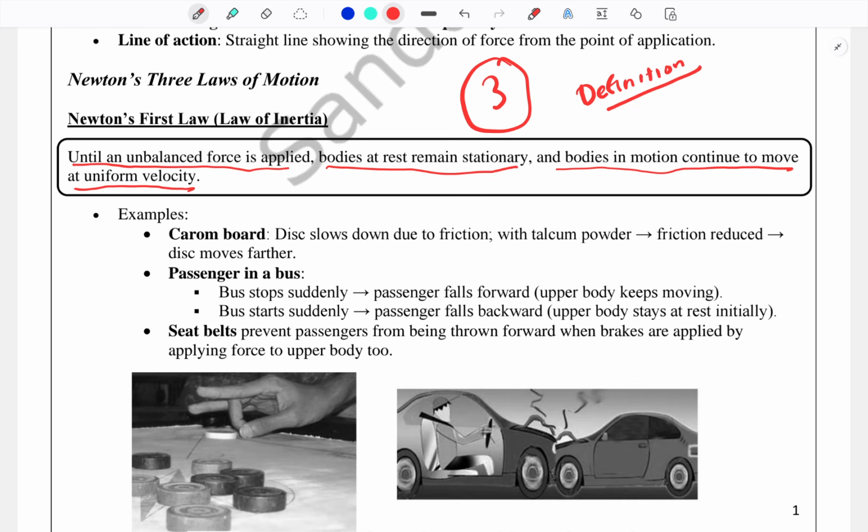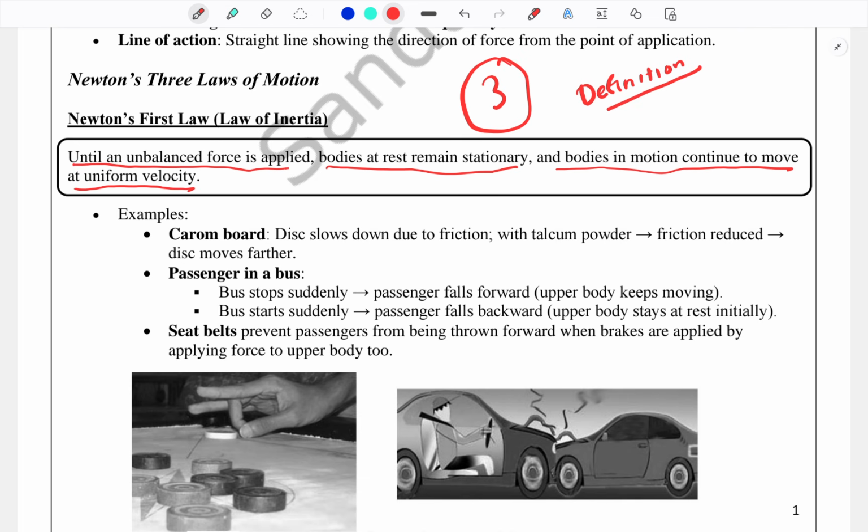But we have to break down this statement part by part and understand what it really means. Don't memorize these things by heart, but if they don't give it, you have to write it, so you have to understand first and remember how to write it, or you can use your own words as far as possible.